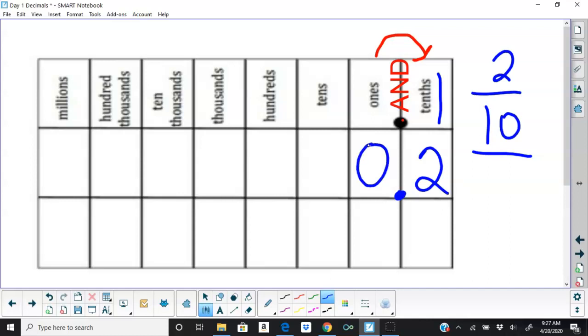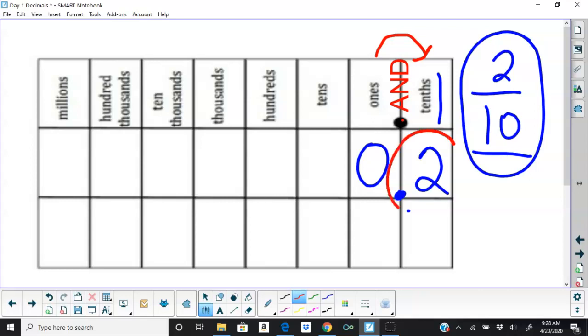So I can say 0 and 2/10, or I could just say 2/10. So what I do notice is that when I'm reading the fraction, I say 2/10, and when I read this decimal, I say 2/10. They are equivalent. They are equal to one another.